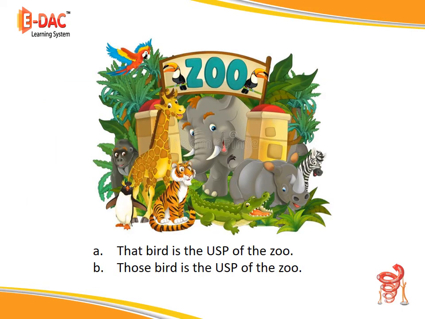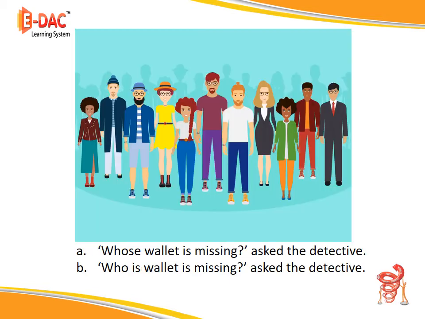Show your responses on your placards. The bird is the USP of the zoo. Those bird is the USP of the zoo. Whose wallet is missing? Asked the detective.